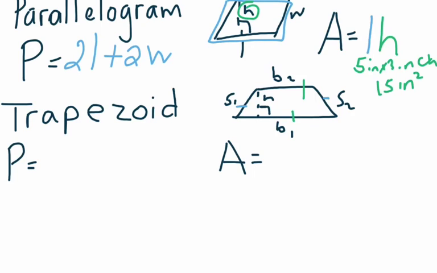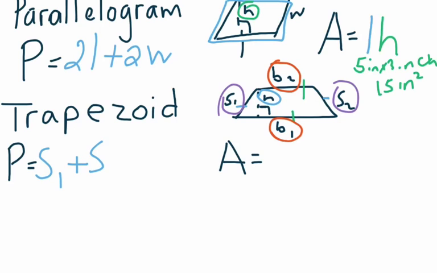Here is side 1, here is side 2, and here is base 1, here's base 2, and then here is our height. Okay, alright, so again, the perimeter is the outside. So we're going to take all the measurements that are on the outside. So we have side 1 plus side 2 plus base 1 plus base 2.